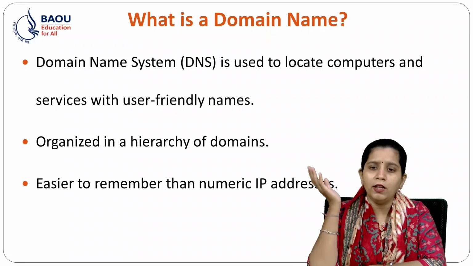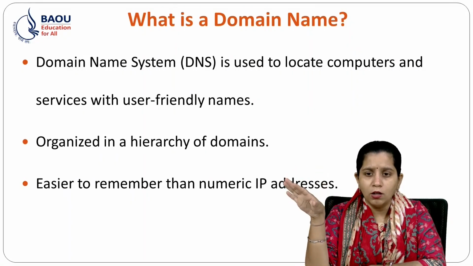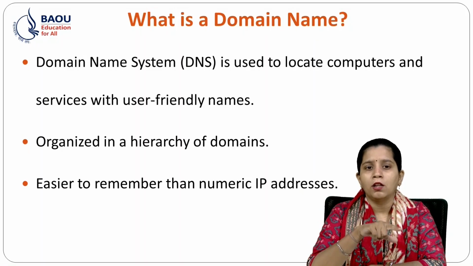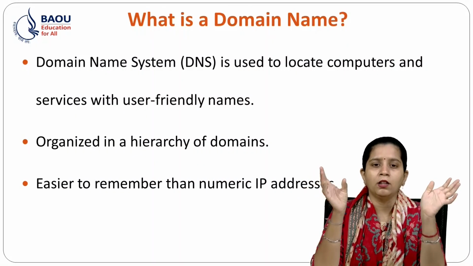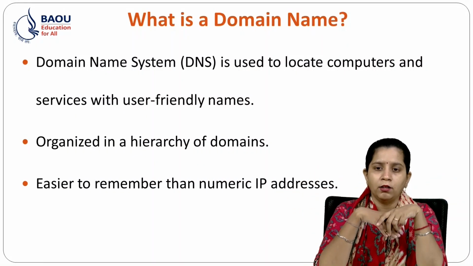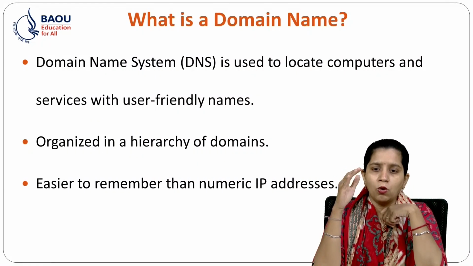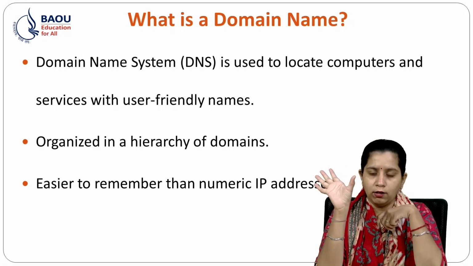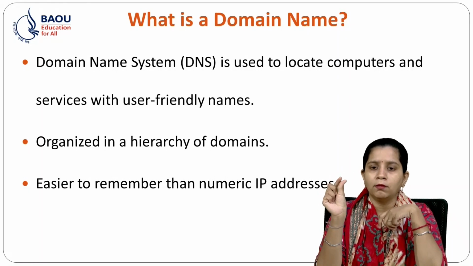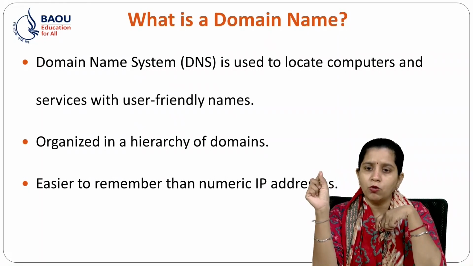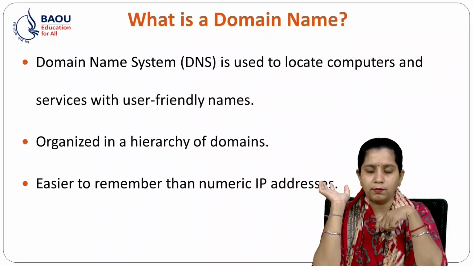We don't know the IP address of Google, but we know the name. So we just write Google and Google will send the whole page with a URL. So Google is a domain name, and www.google.com is a host name.